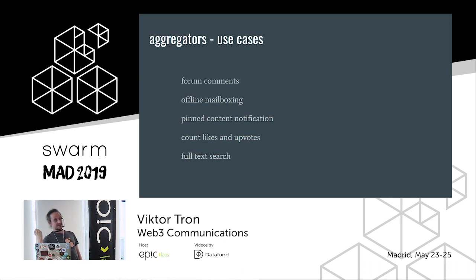So you basically can notify them through their public key. This is also a powerful use case. And of course, it can be used for counting likes and upvotes. So this is an important ingredient in all kinds of social network contexts where you need aggregation of some result.